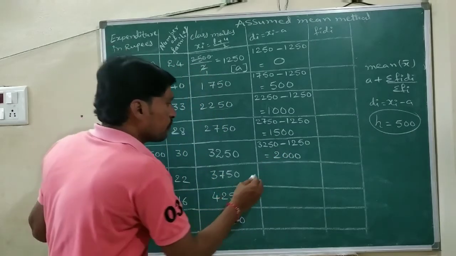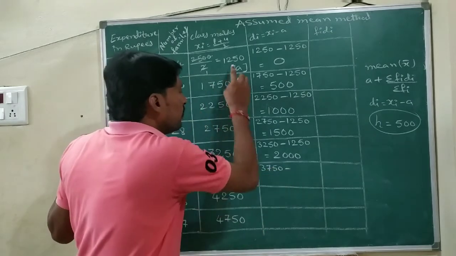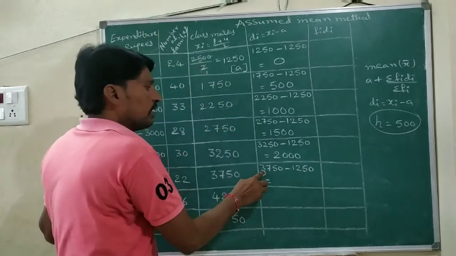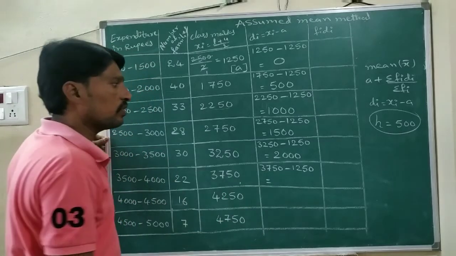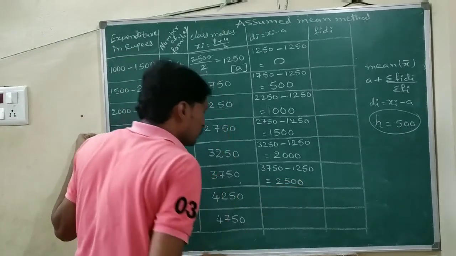Next Xi value is 3750 minus 1250, we get 2500.